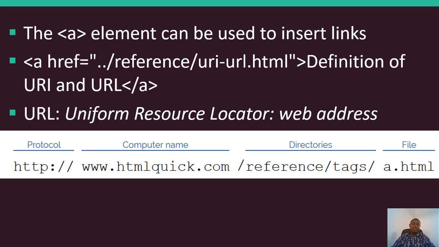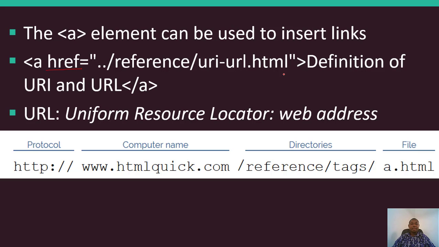Within that A element, we have several attributes. One of them is href, the hypertext reference. That's where you want to link the document to. We can also have other attributes within the anchor element.